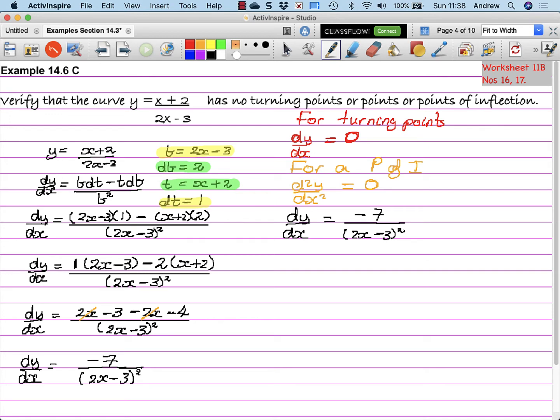Now I could use the quotient rule on this, but trust me on this one, it is actually easier in this case to use the chain rule. And if I'm going to use the chain rule, then I have to bring the bottom expression to the top. And when I bring the bottom expression to the top, the power of 2 becomes a power of minus 2.